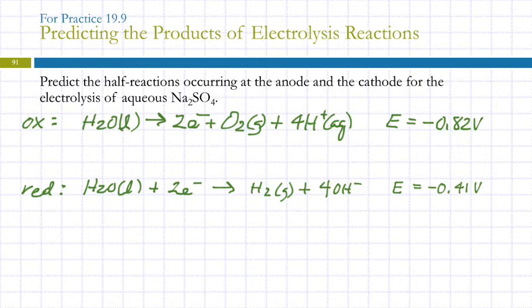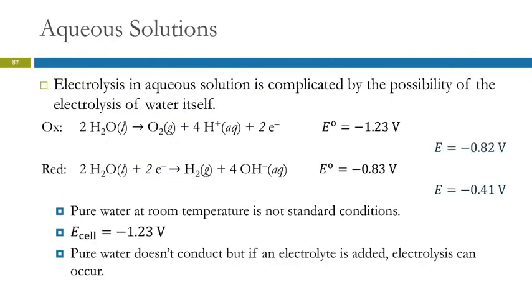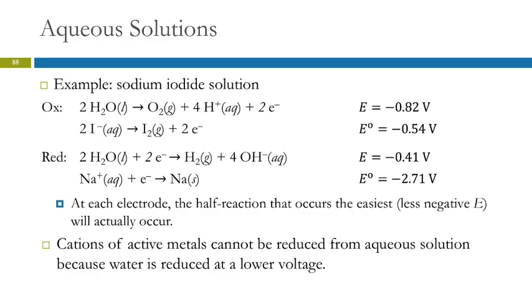Reduction is gain. So that's a possible reduction reaction: aqueous sodium ions plus an electron to form sodium metal. So that one is right here, minus 2.71 volts.